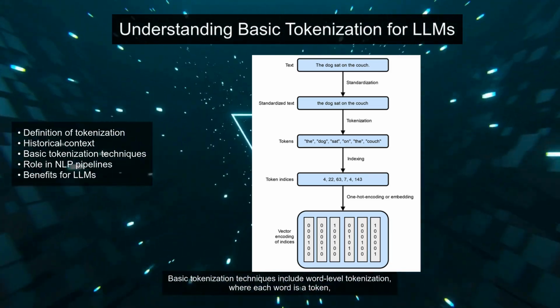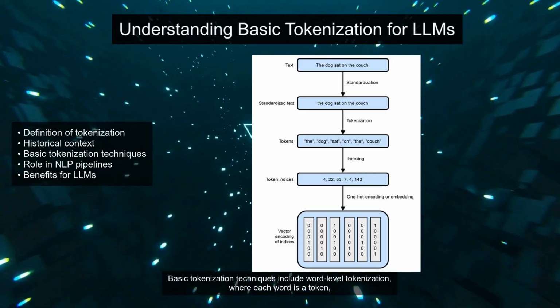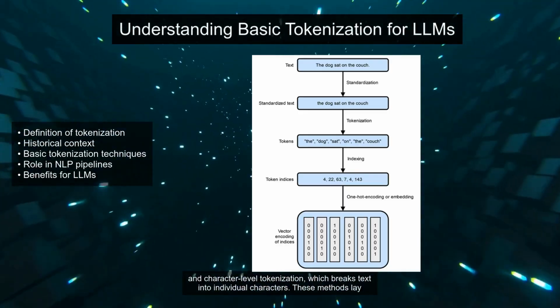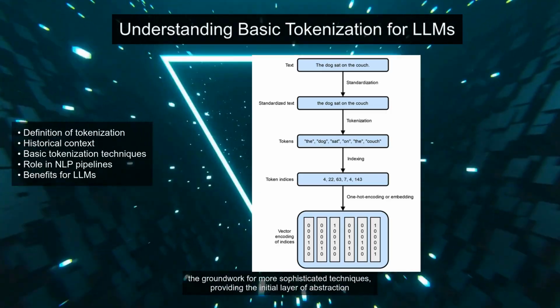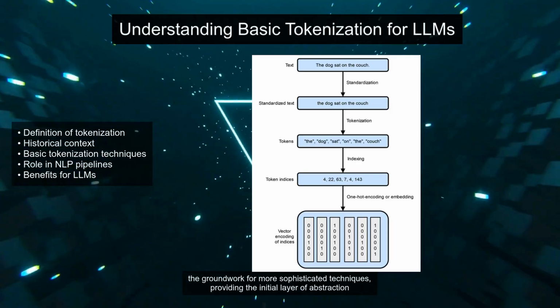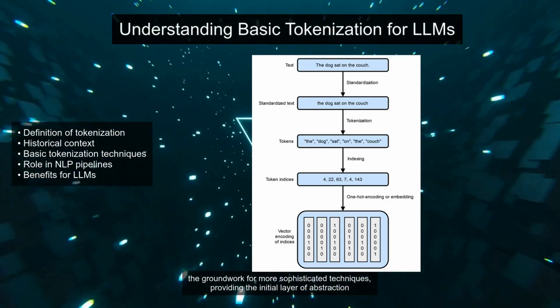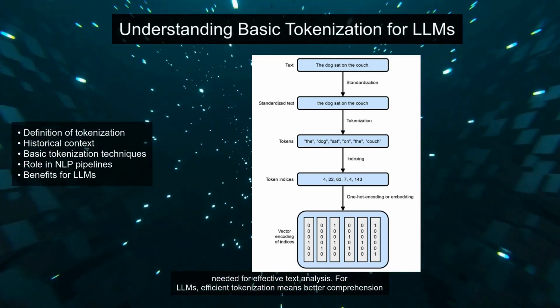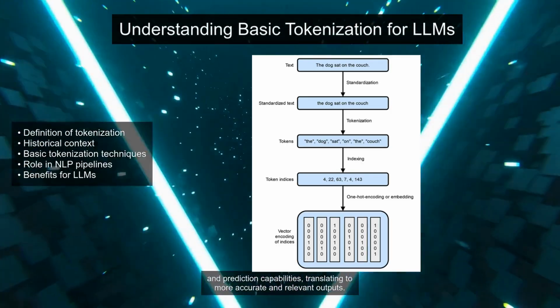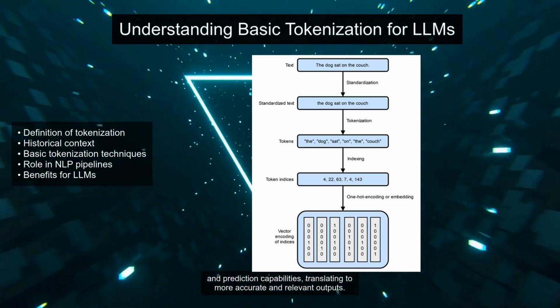Basic tokenization techniques include word-level tokenization, where each word is a token, and character-level tokenization, which breaks text into individual characters. These methods lay the groundwork for more sophisticated techniques, providing the initial layer of abstraction needed for effective text analysis. For LLMs, efficient tokenization means better comprehension and prediction capabilities, translating to more accurate and relevant outputs.